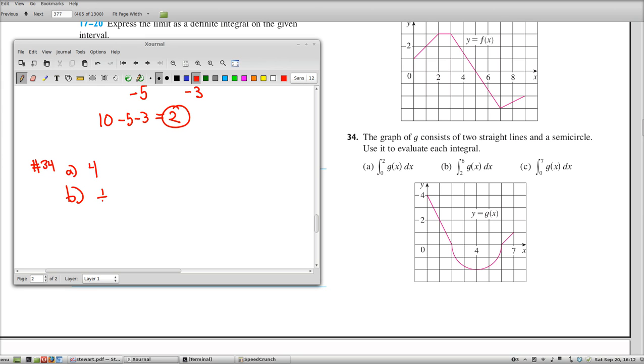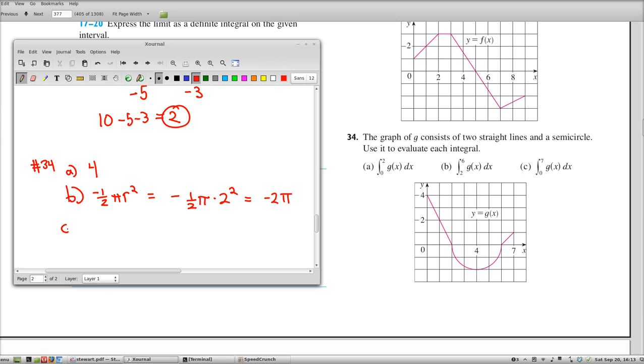So that's 1/2 pi r squared for that semicircle, and it's going to be negative because it's beneath the x-axis. And it looks like the radius of this circle is 1, 2, so this is going to be minus 1/2 pi times 2 squared, and so it's minus 2 pi.